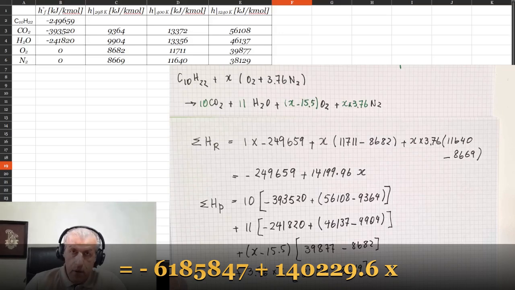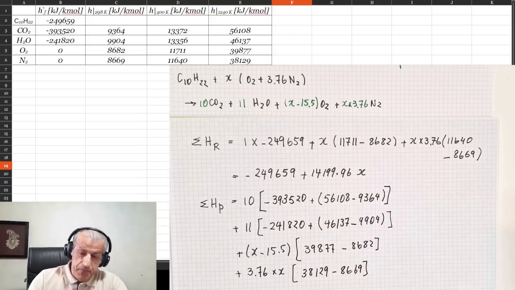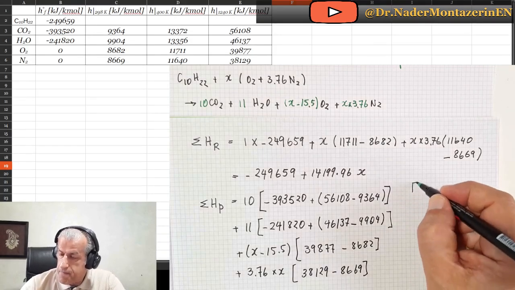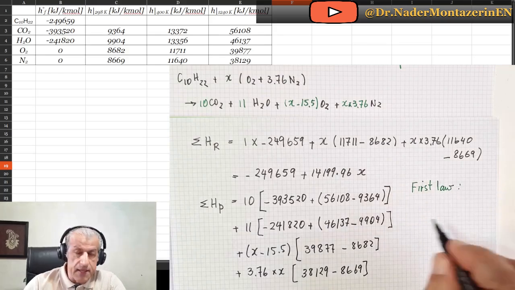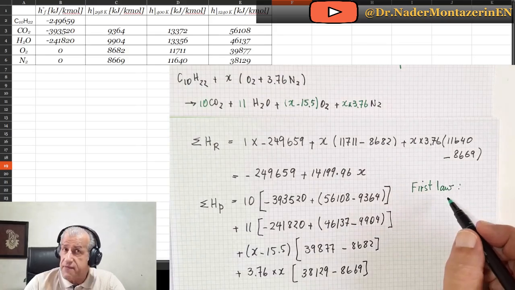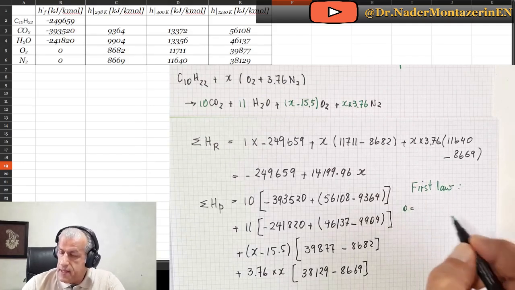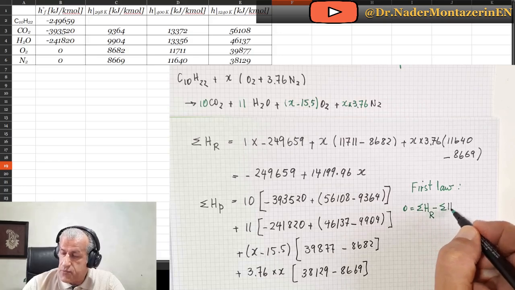Now, if it is to be adiabatic, the first law of thermodynamics tells us the problem is steady, so the left-hand side is 0. 0 equals sigma H entering, which is reactants, minus sigma H product.